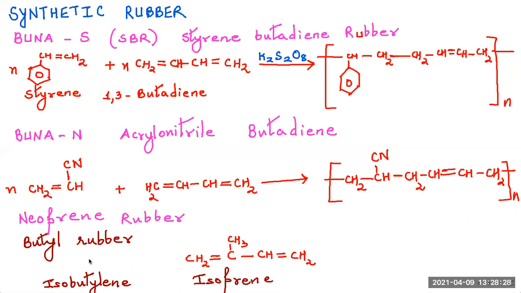So I am writing it that way now. CH double bond CH2, and CH3 here, and I'm just erasing the name. You know the name.